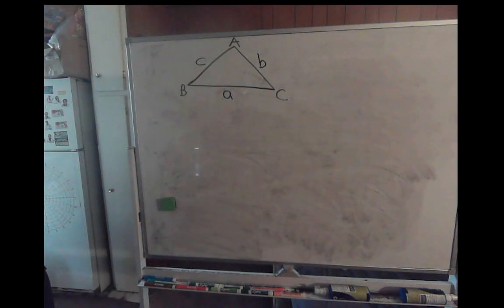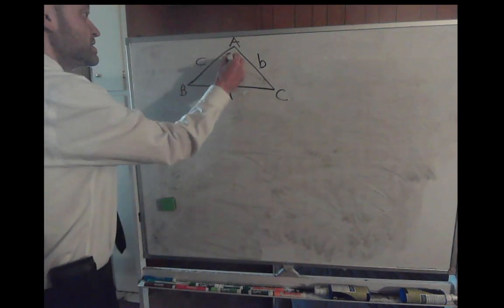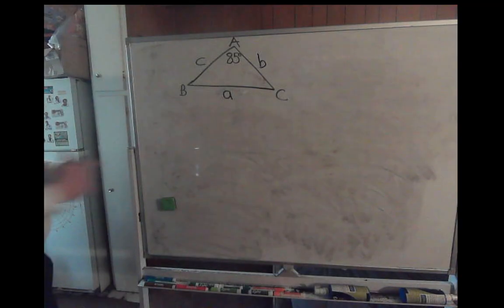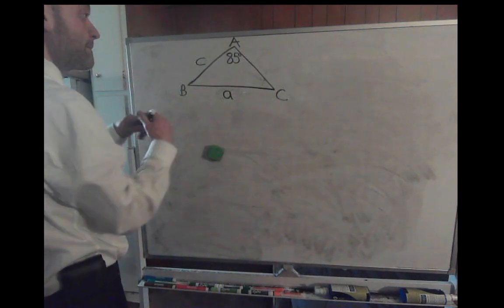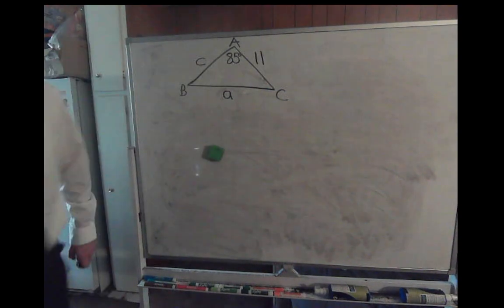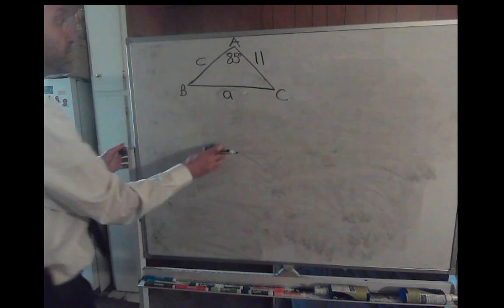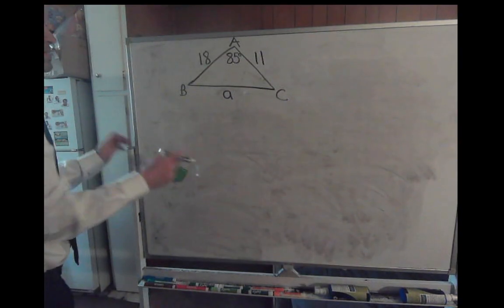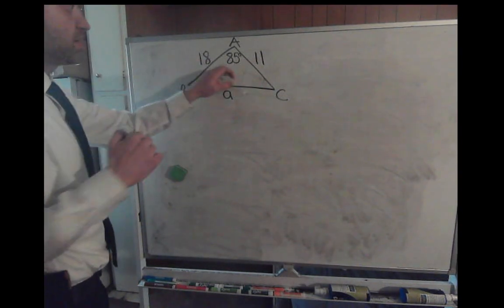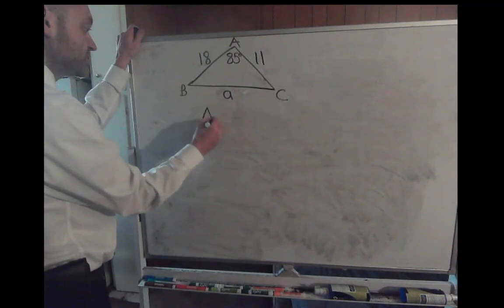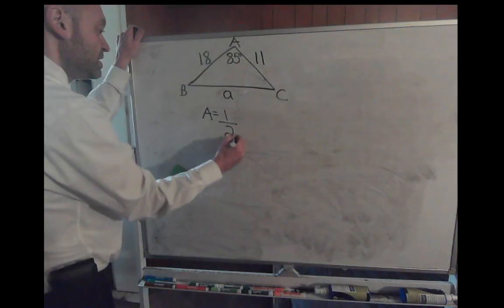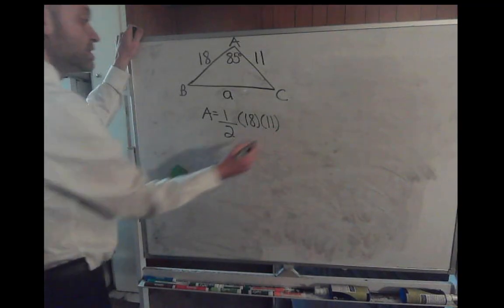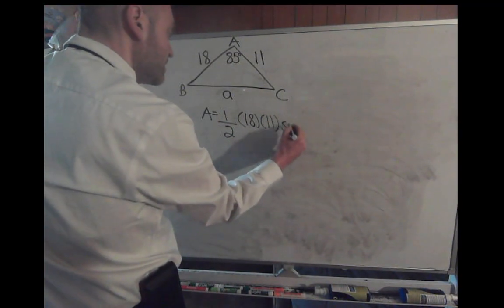We're given angle A is 85 degrees, side B is 11, and side C is 18. Again, we have two sides and an included angle, so we can find the area. The area would equal 1/2 of 18 times 11 times the sine of 85 degrees.